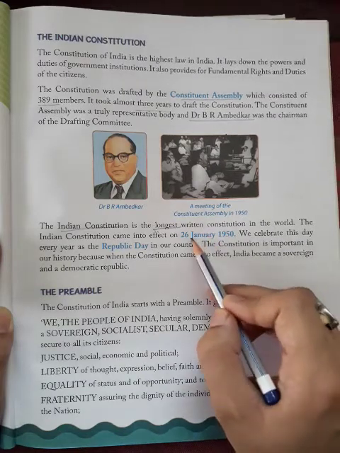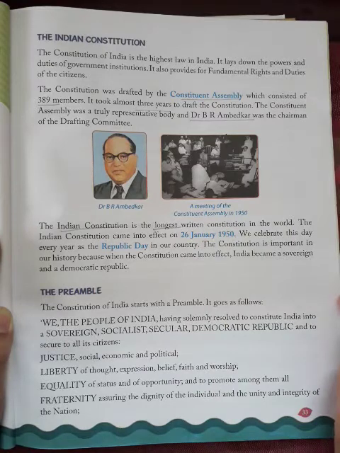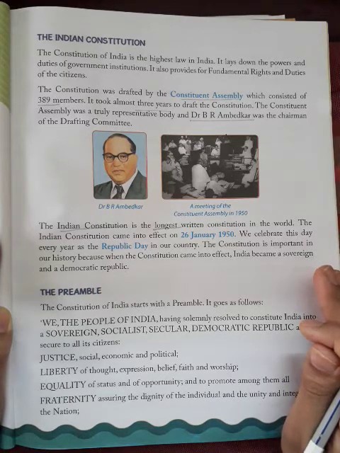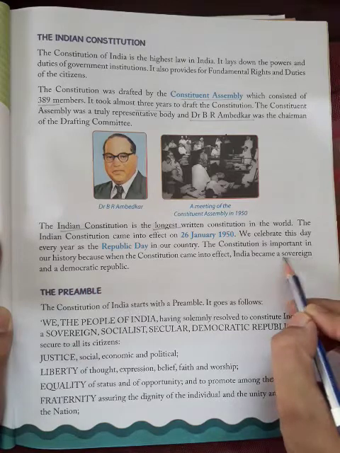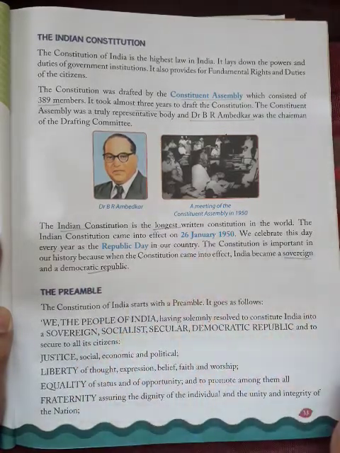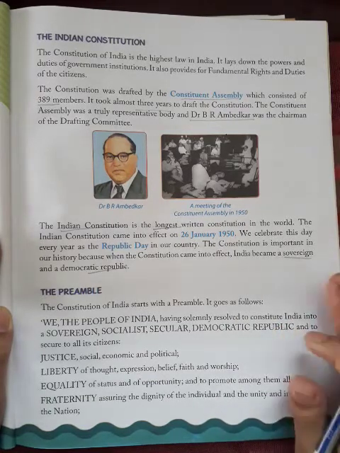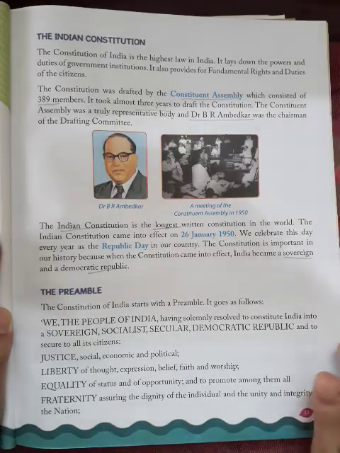That is why every year 26th January is celebrated as the Republic Day. After this constitution was declared, India became a sovereign and a democratic republic. We will understand the meaning of these words later in the next page. For now, underline this: we became a sovereign and a democratic republic.